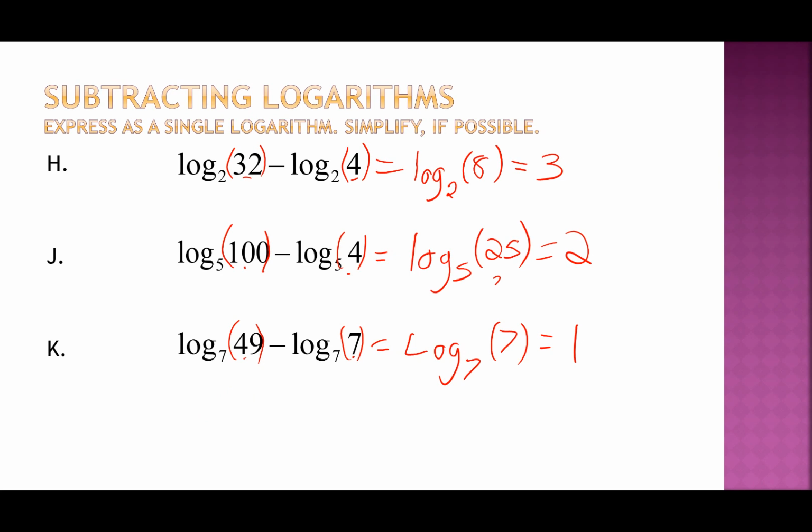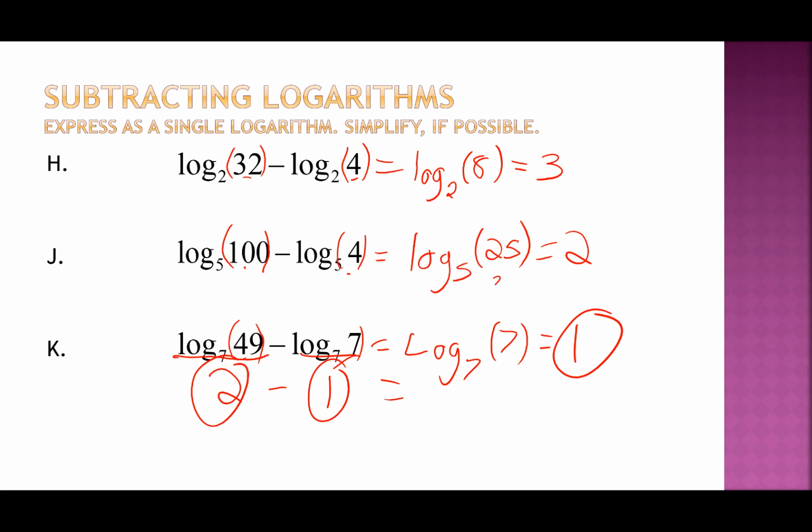Well, I think you guys know it's 7 to the second power, right? This logarithm is equal to 2. You can type it in your calculator if you don't believe me, but like I said, we should be able to do that one in our heads. And this is minus log base 7 of 7. Well, we just talked about that when these values are the same, this log is equal to 1. So really this equation is 2 minus 1, and 2 minus 1 equals 1, which is what we got before.